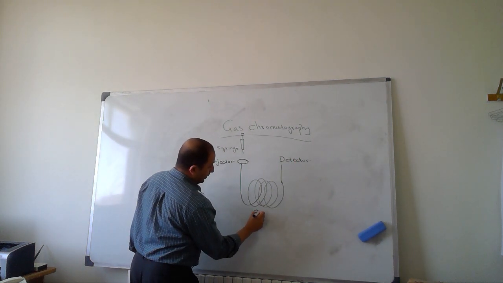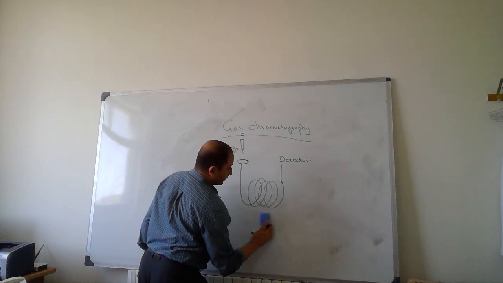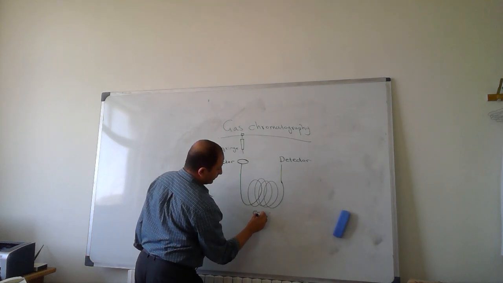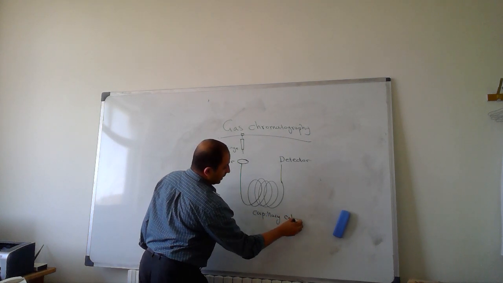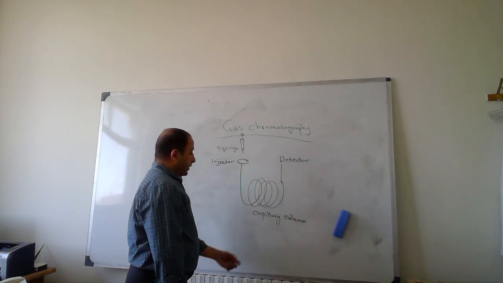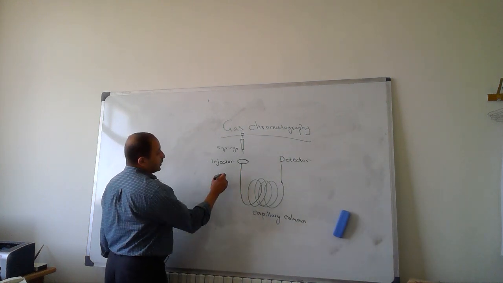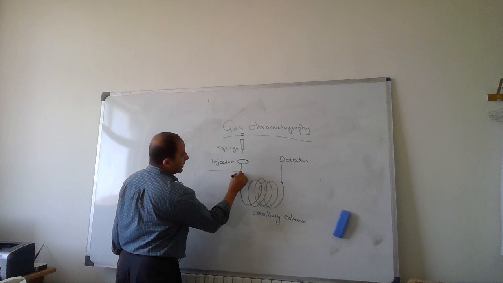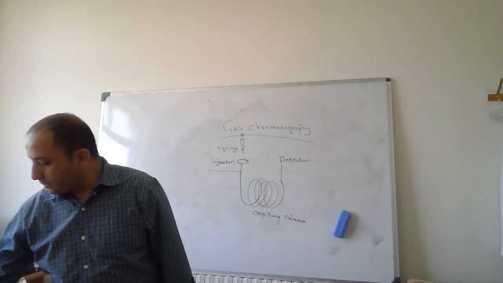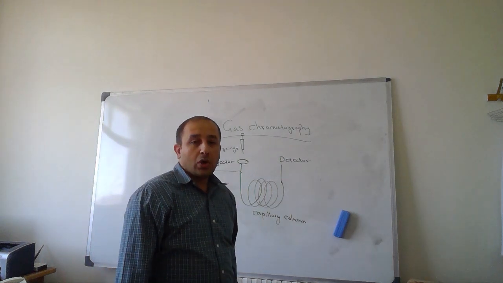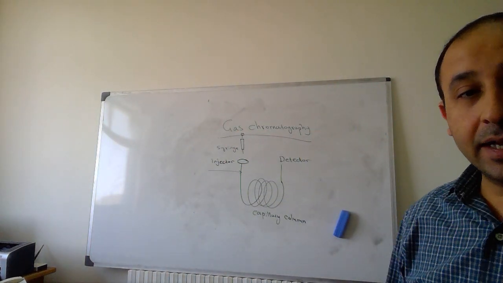We have the capillary column here. We have other kinds of columns, but this is the most popular column. And also we have what? We have something that might be considered as mobile phase, or people prefer to consider it as a carrier.